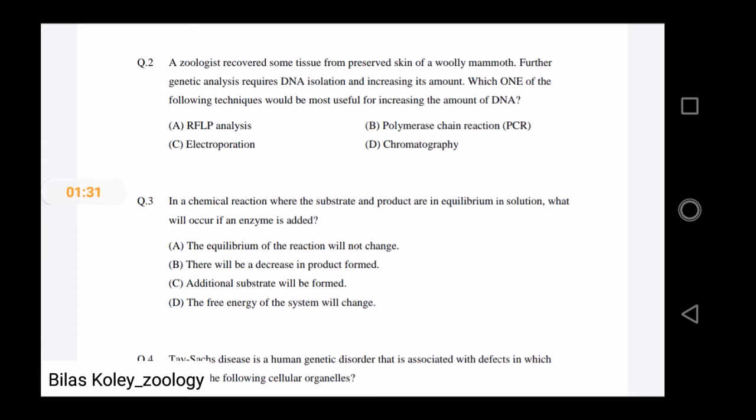Now the question is, which one of the following techniques can be most useful for increasing the amount of DNA? The options are RFLP analysis, polymerase chain reaction, that is PCR, electroporation, chromatography. In this question, the right option is option B.